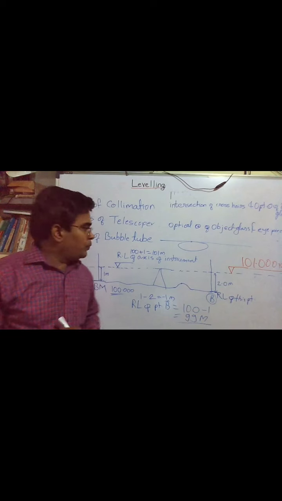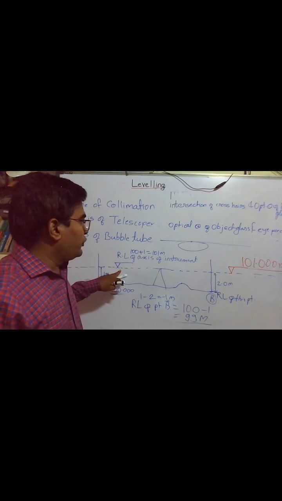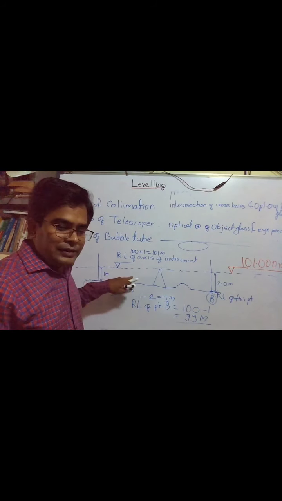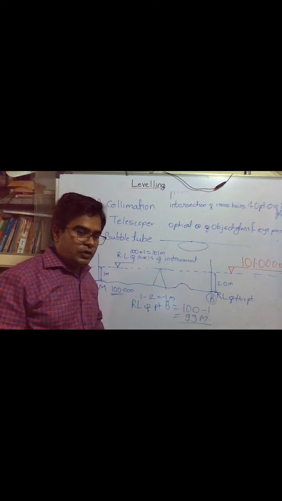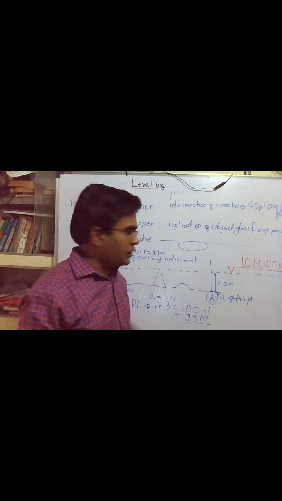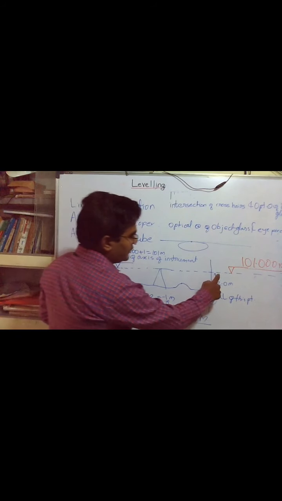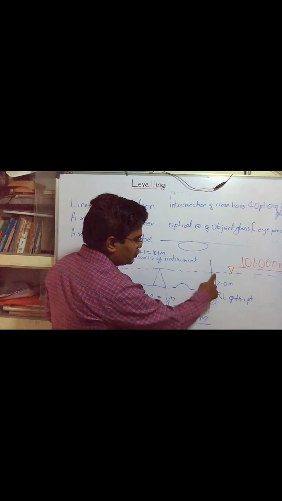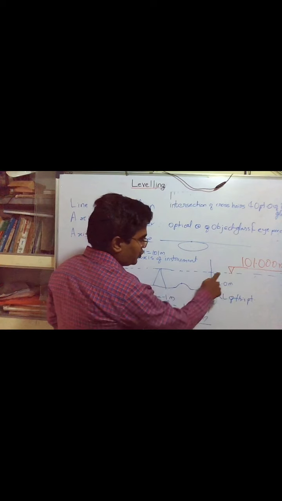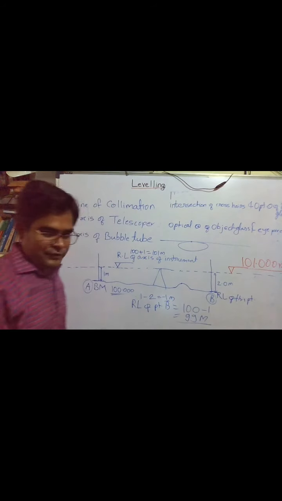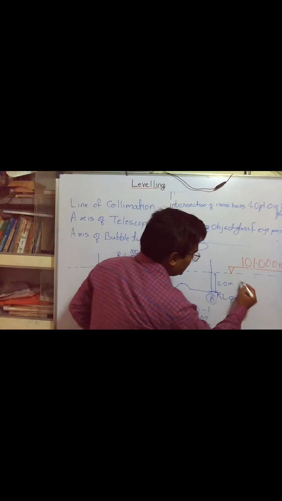So now I know the RL of this instrument axis. Can I find out the RL of this point now? Yes. Point B is 2 meter below this instrument axis. So can I find out the RL of B like that?